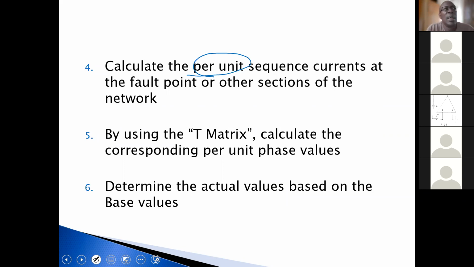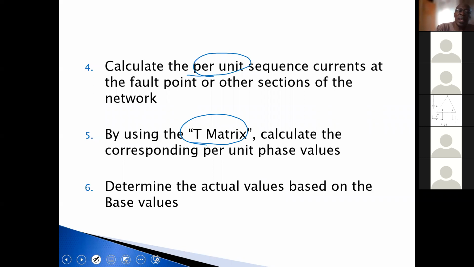is required. And here you would have used things like your current divider, voltage divider, you name it. All of those principles would now come into play. And once you have found your currents, you use your T matrix. Remember that T matrix, the 1, 1, 1, 1, A squared, A, that beautiful matrix.